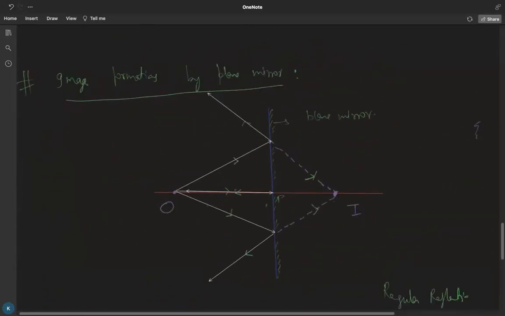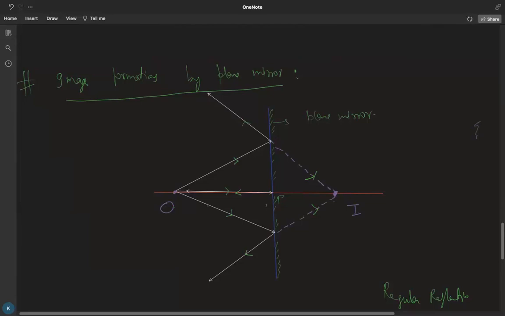That means what I'm trying to say here, the object is real because the intersecting point of the incident rays of light is actually real, right? So when the intersection point of the incident rays of light is real, the object is real.